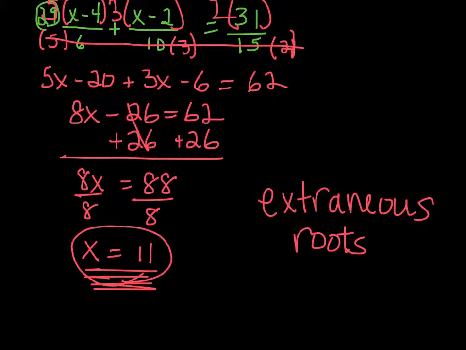Now in this case, our denominators are already constants: 6, 10, and 15. So there's no x value that I can plug 11 into to potentially get a denominator that would be 0. So in this case, we have no extraneous roots.